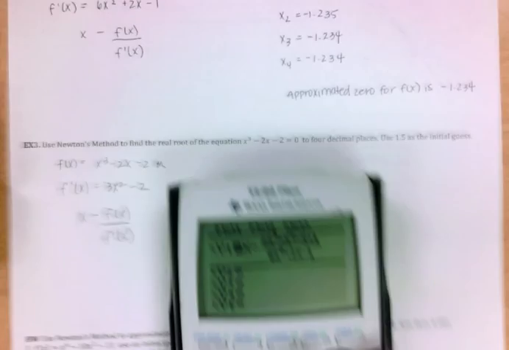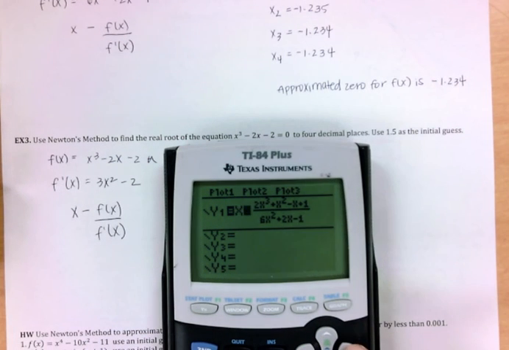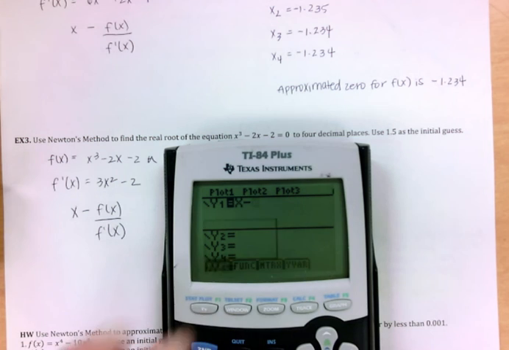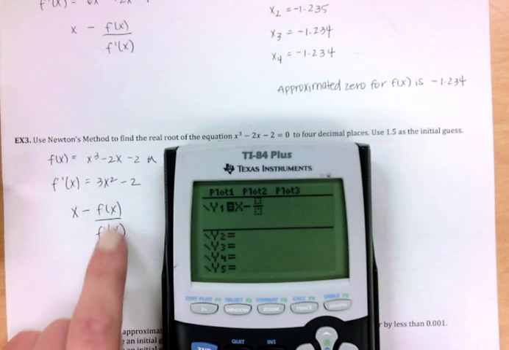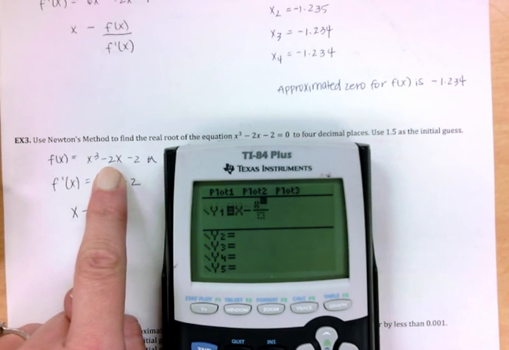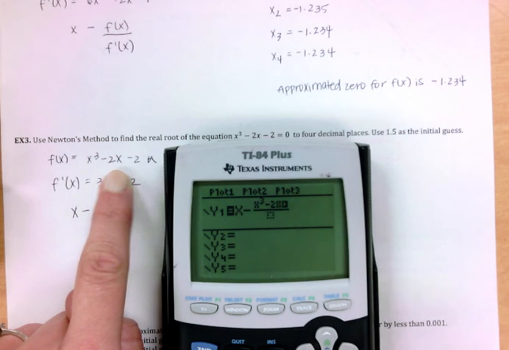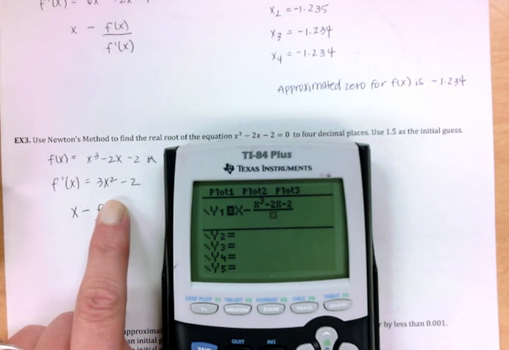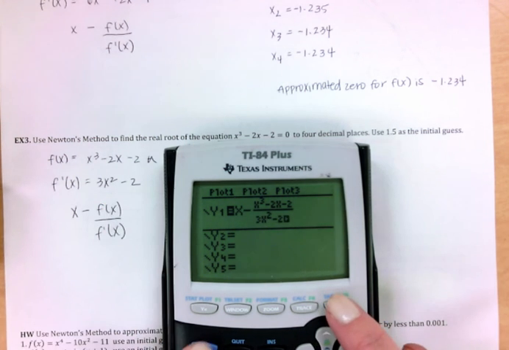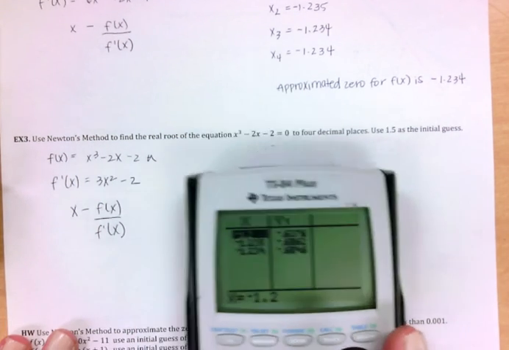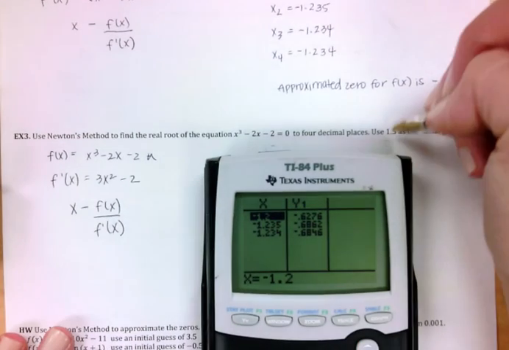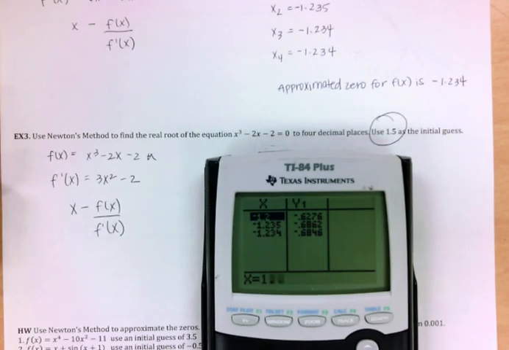Okay, so I have x minus, okay, I have my function value is x cubed minus 2x minus 2. My derivative is 3x squared minus 2. So I go to my table. Okay, I know my initial guess was 1.5. So I start with 1.5.